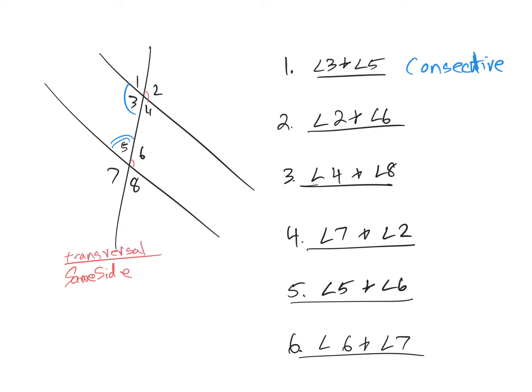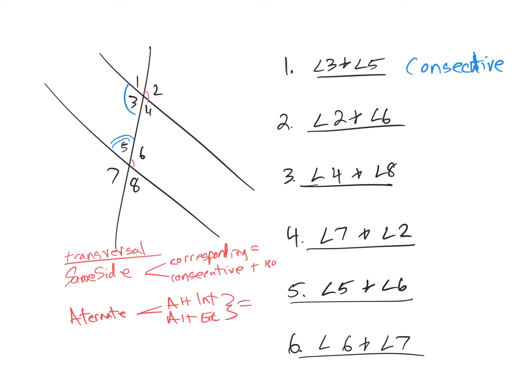Same side of the transversal, that's either corresponding, which is equal, or it's consecutive. And that means they add up to 180. If it's on alternate sides, then it's either alternate interior or alternate exterior. And those are both equal as well.